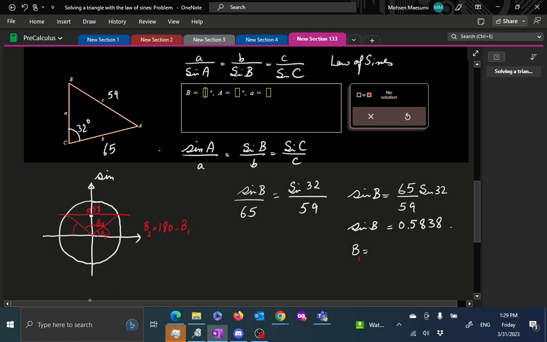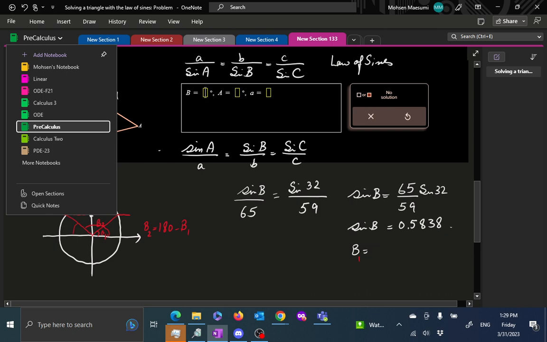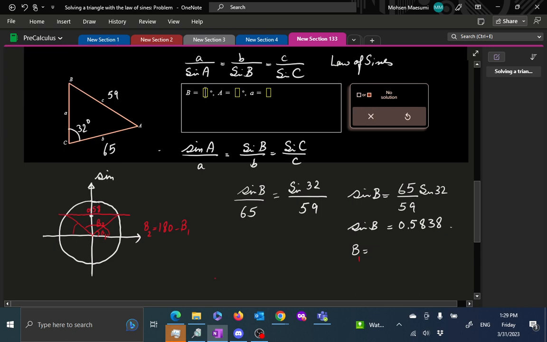So I go ahead and enter this on a calculator, and B1 becomes sine inverse of this quantity, 0.5838. I calculate that, I get 35.718, etc.